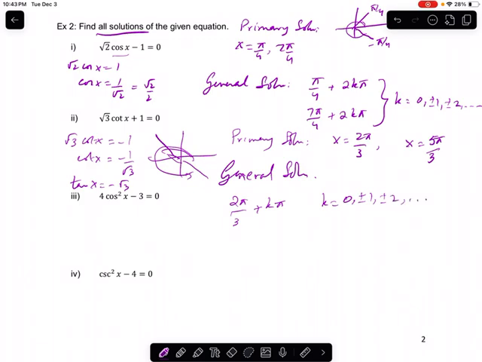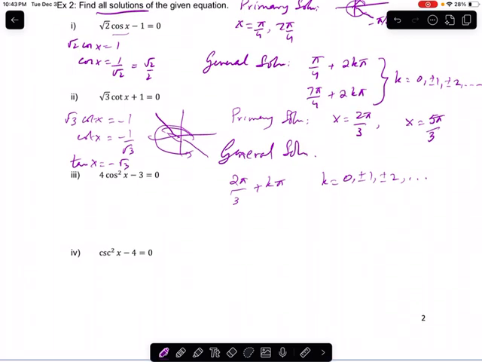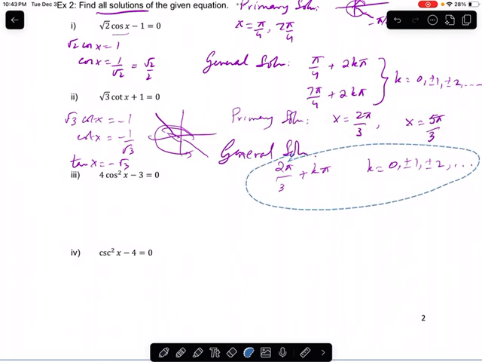Okay, looking at the next equation. Let me move this one over from here and put it. The next is 4 cosine square x minus 3 is equal to 0. So I isolate the trig function.